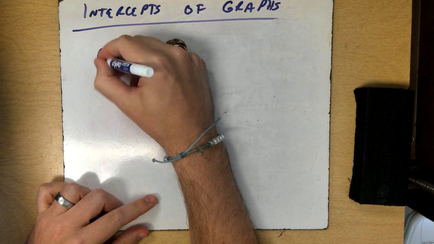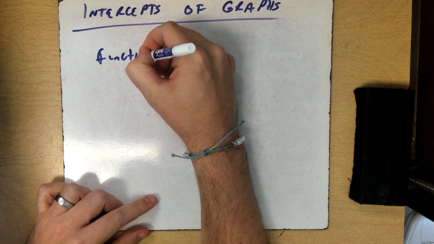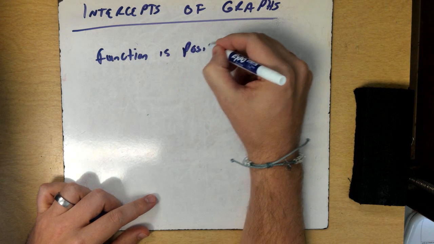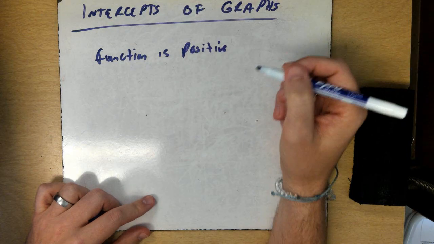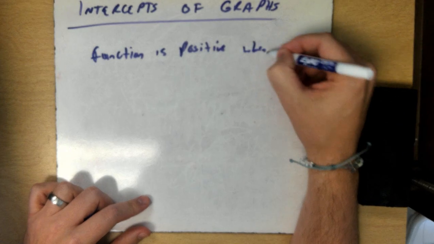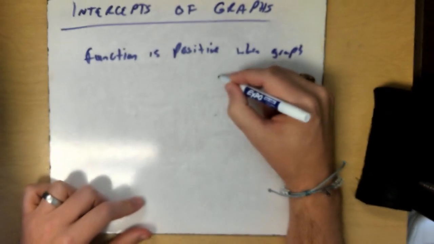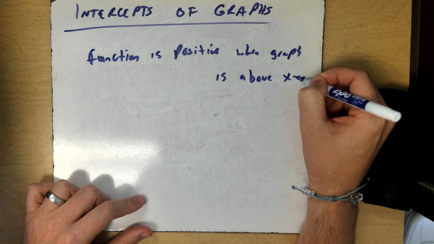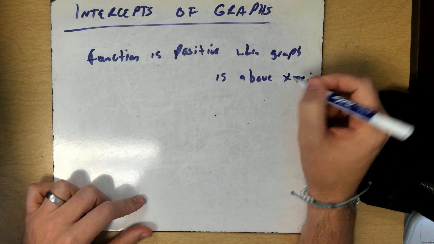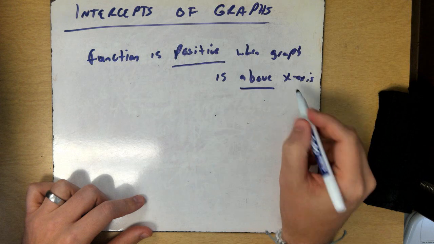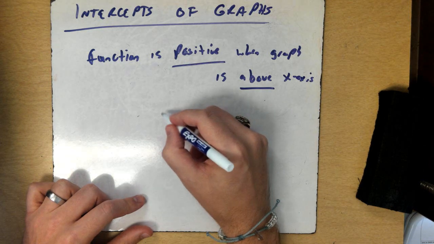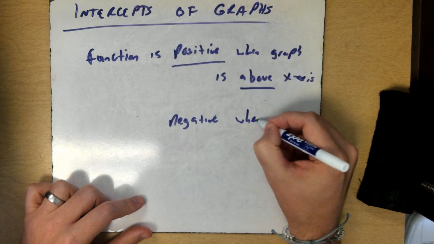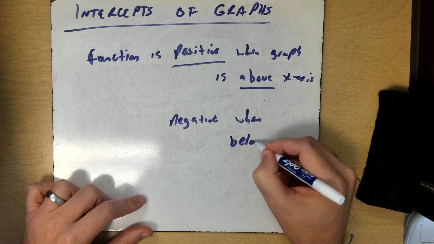A function is positive when the graph is above the x-axis, and it's negative when, you guessed it, below the x.